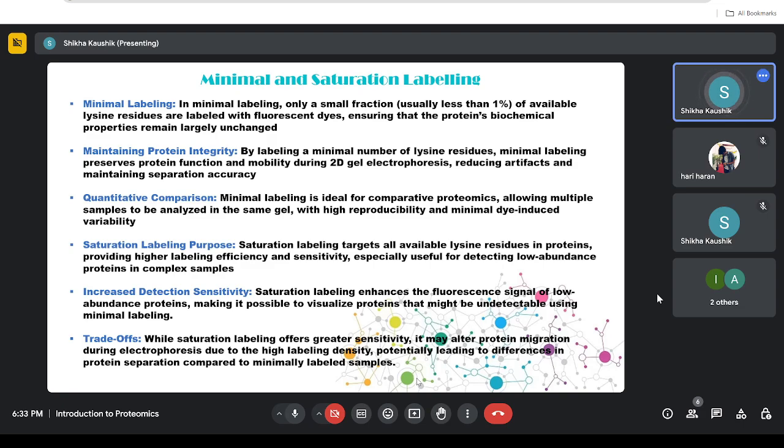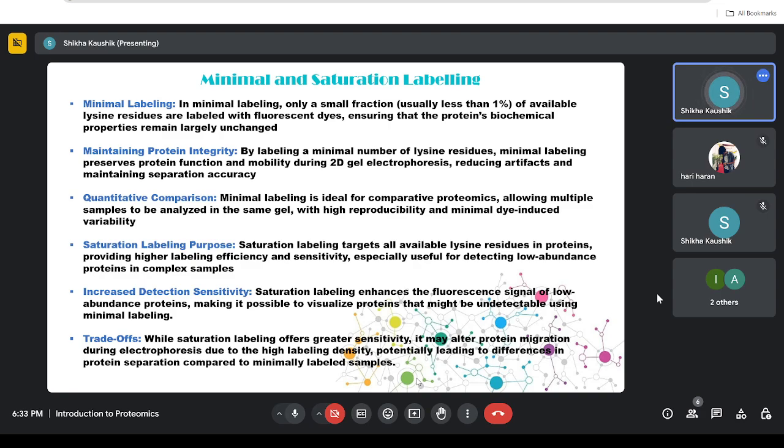Low abundant protein might not be labeled, because when you're using a very small amount of dye, that is usually when you're labeling only 1% of the lysine residues, imagine the protein that is present in a very low amount and the protein that is present in high amount.